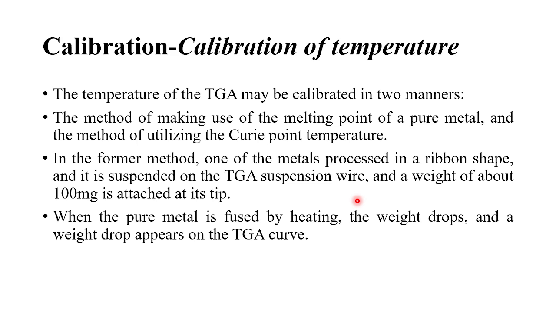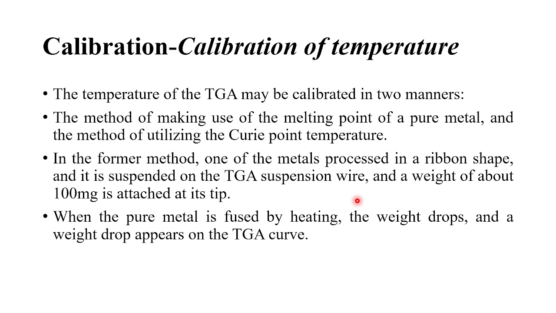Now, the temperature calibration in the TGA can be done in two ways: the method of making use of the melting point of a pure metal, and the method of utilizing the Curie point temperature. These are the two basic calibration techniques by which the TGA can be calibrated.